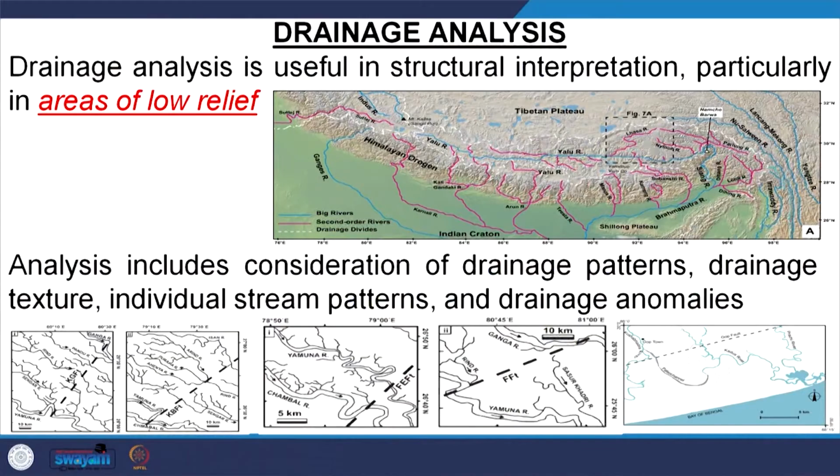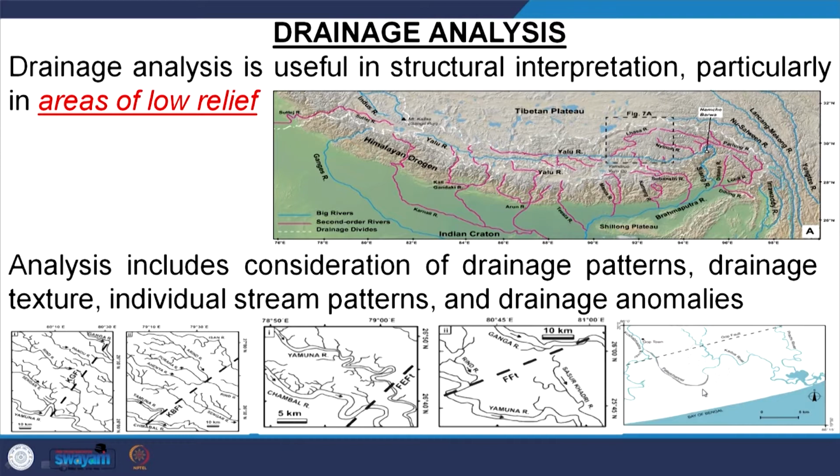For example, these figures given here show drainage patterns or drainage anomalies from the Ganga plain, these 1, 2, 3, 4 photographs or figures from the Ganga plain, and this fifth one is from the coastal plains of the Indian east coast.